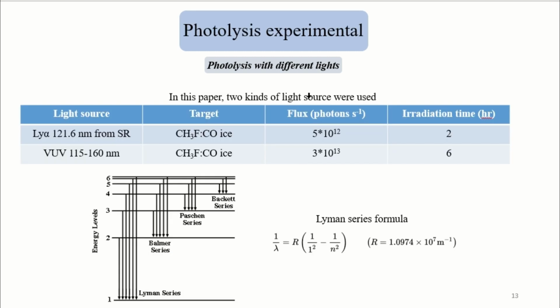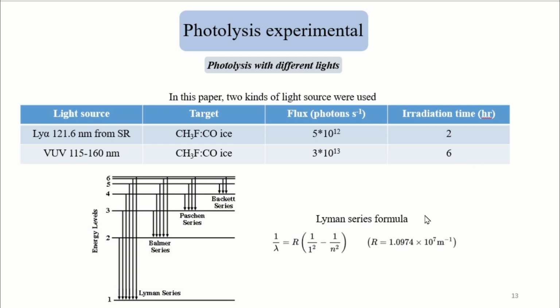In this paper, two kinds of light sources were used. First is Lyman alpha light from synchrotron radiation. Second is UV light generated from a D2 lamp. Both light sources have a dosage of 10 to the power of 7 photons, so the irradiation time will differ.